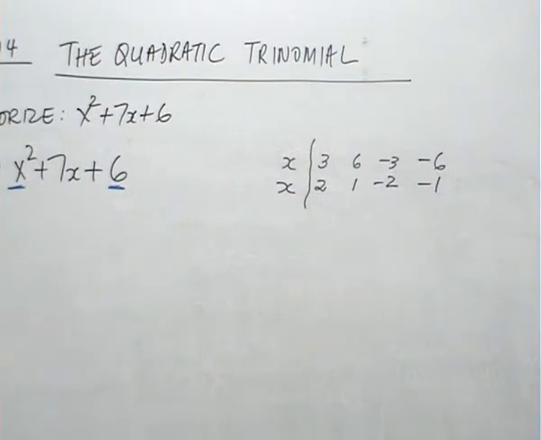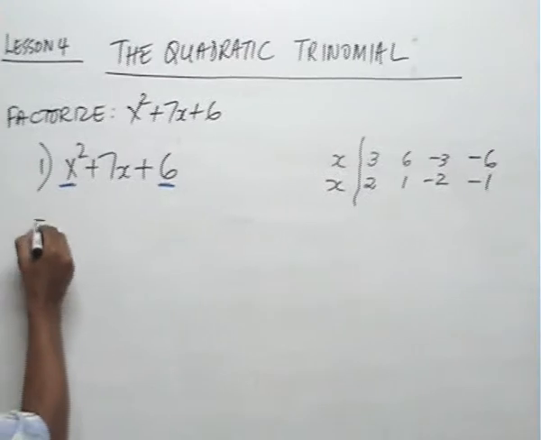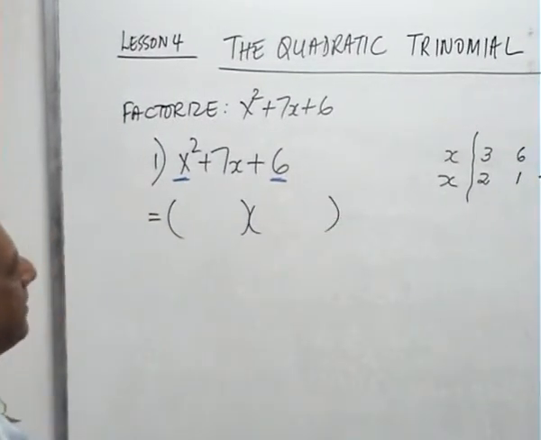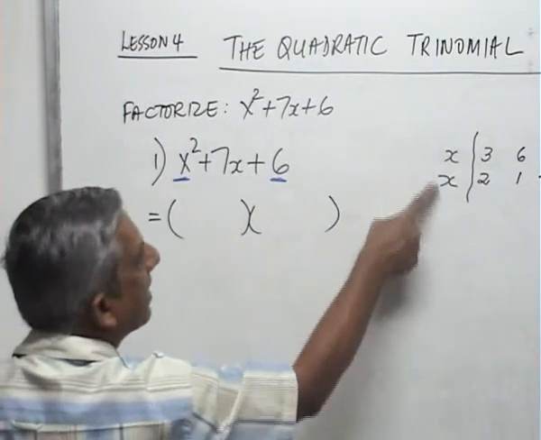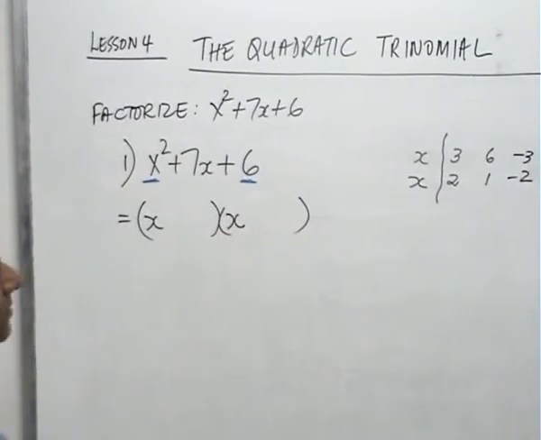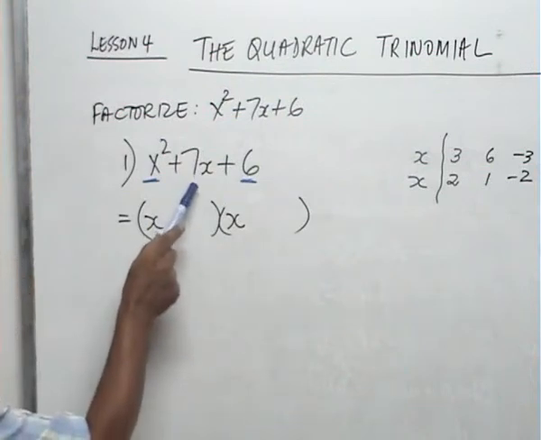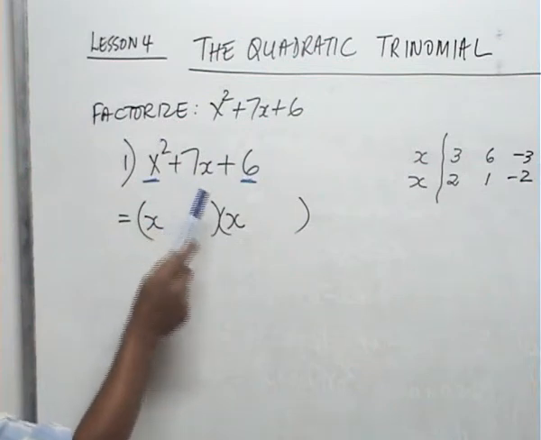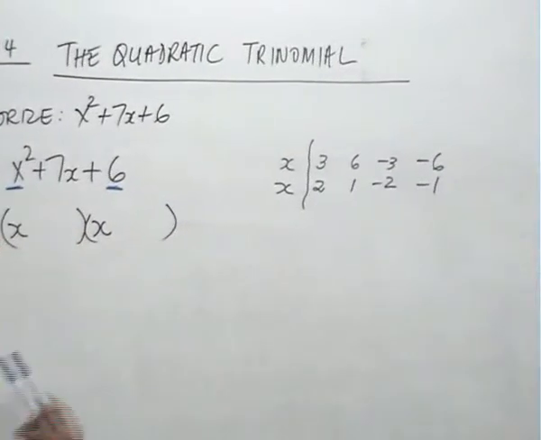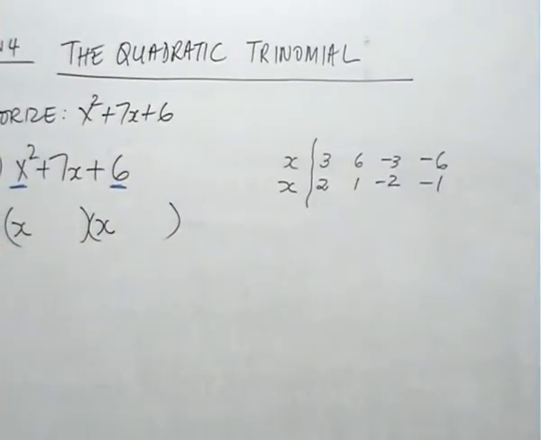Alright, so once you've got that, you say, right, there's going to be 2 brackets. Then you take that x and you write it in the front of each bracket. Now you look at the middle term, 7x, and you ask yourself, which pair from here, when added, will give me 7?